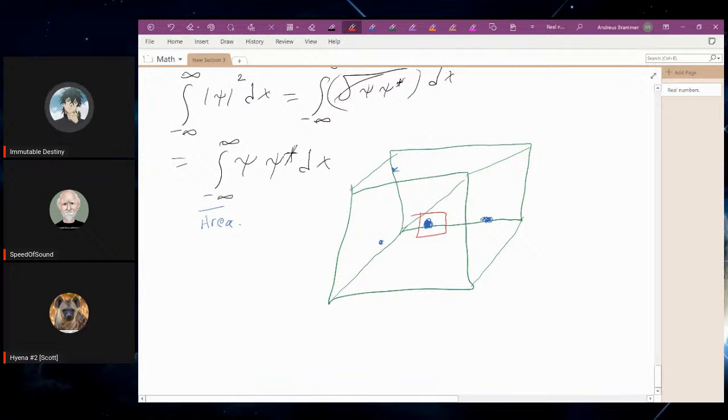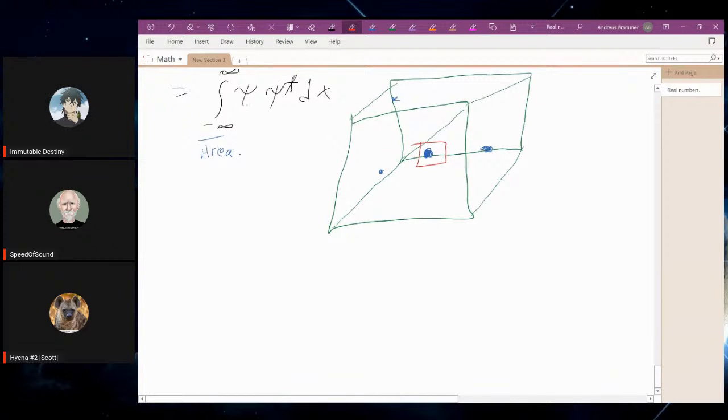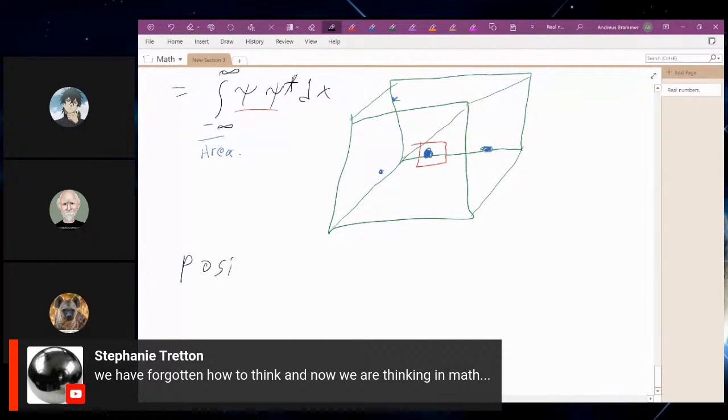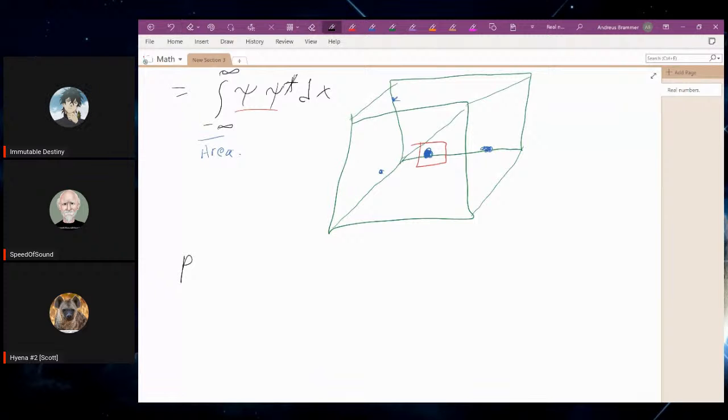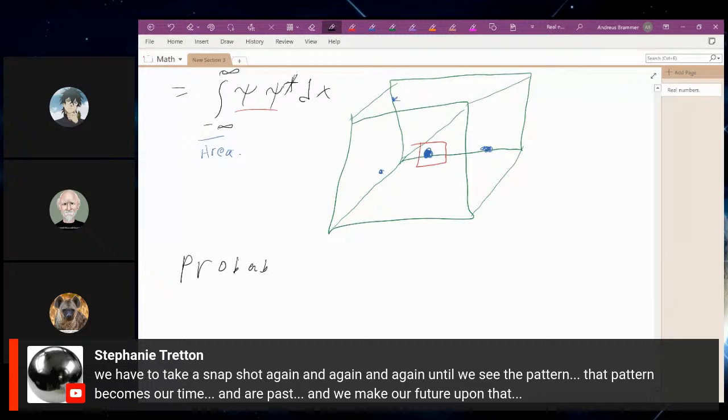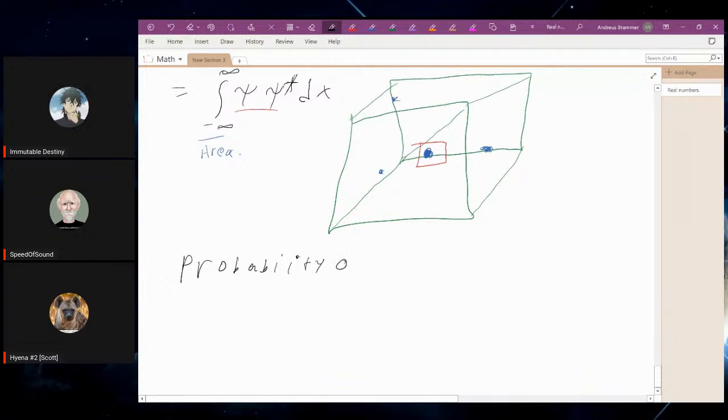Yes. So, in the same way, what this thing actually expresses to us is that the probability of measuring a particle over all space must equal 100%.